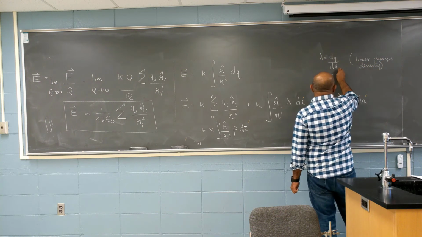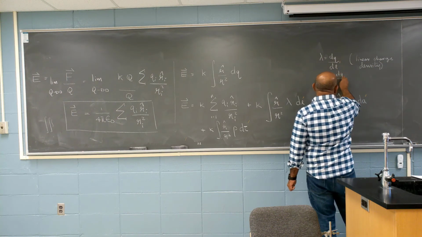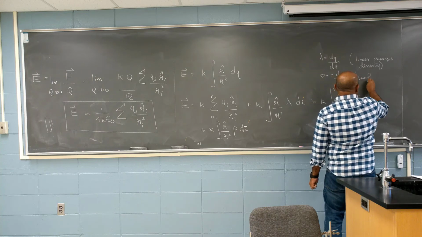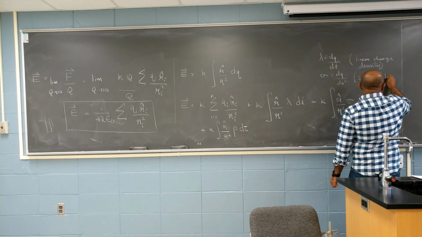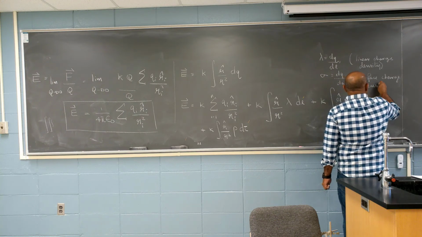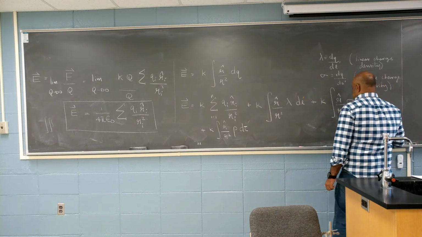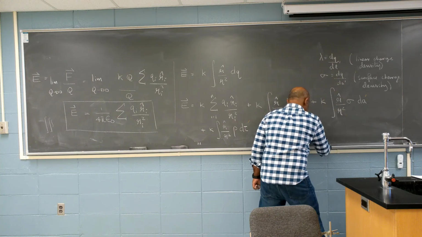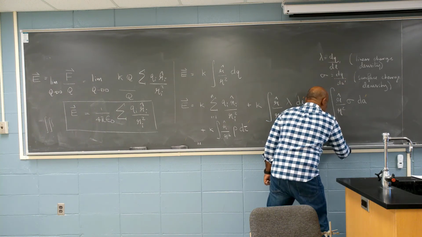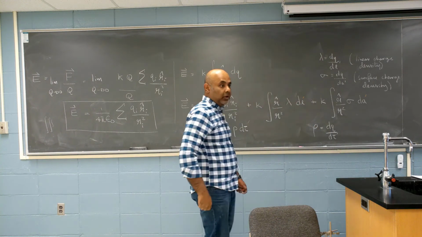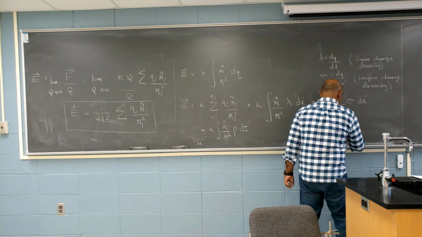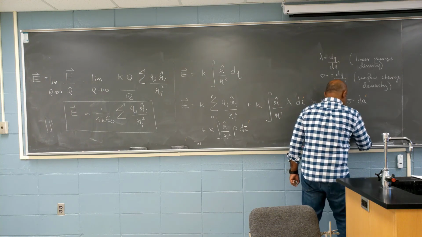Sigma is dq over dA prime, the surface charge density, and rho is dq over d tau. Mind you, tau is volume for Griffiths. It's the volume charge density.